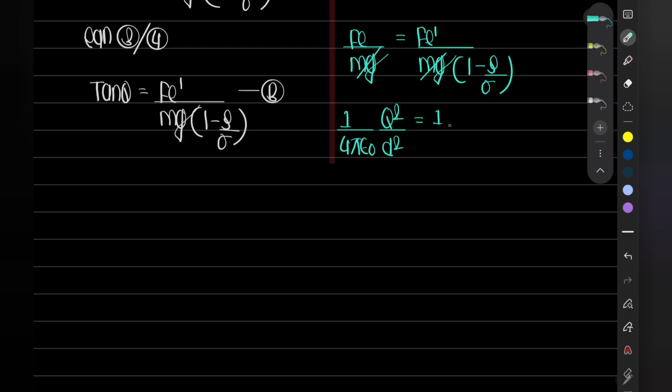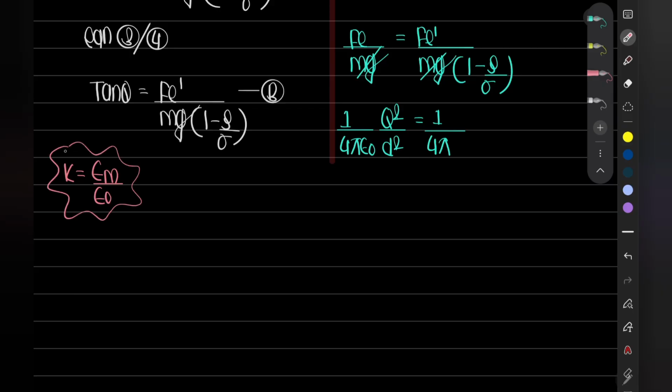Fe dash will be 1 upon 4 pi epsilon naught replaced by, we know that k, the dielectric constant, is epsilon of medium by epsilon of free space. So as our medium got changed, instead of epsilon naught I will have to use epsilon m, which is k times epsilon naught.